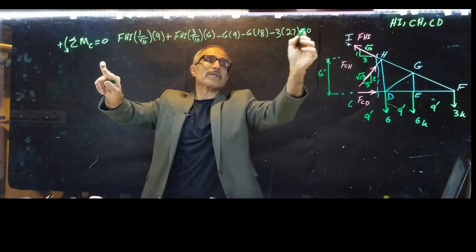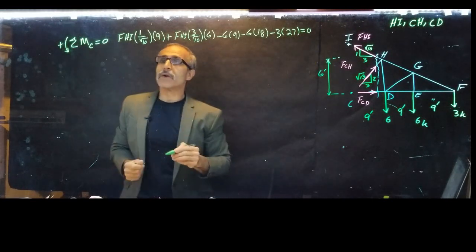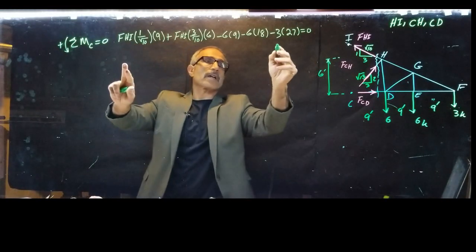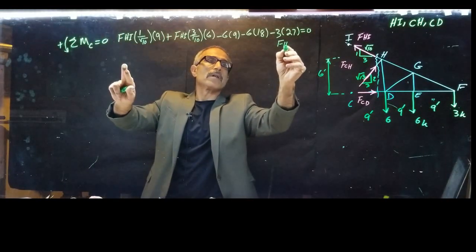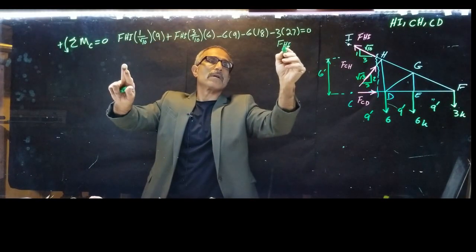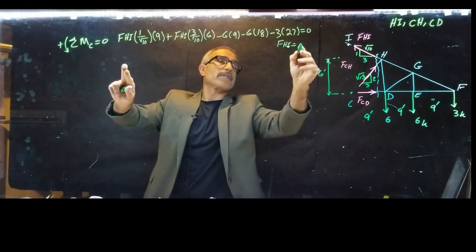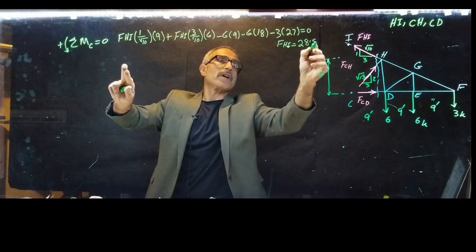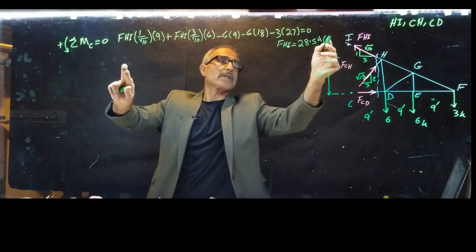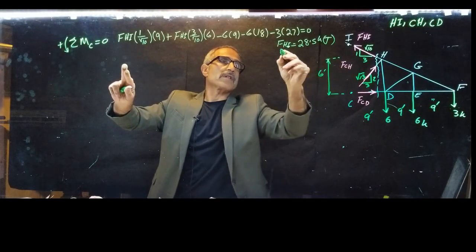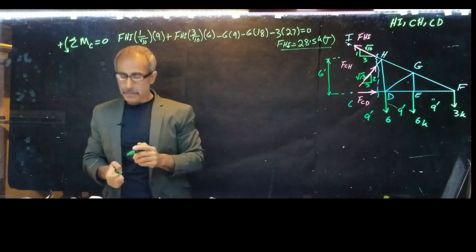We got ourselves a 0 equals 0. Therefore, FHI comes out to, what do I have? 28.5 kips, and that's tension, because we said there was tension, and we were right.